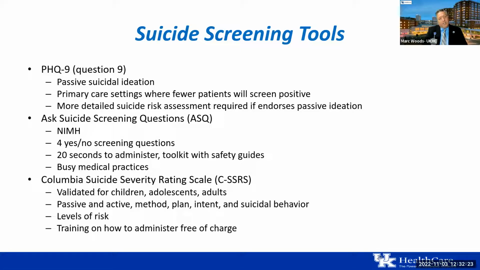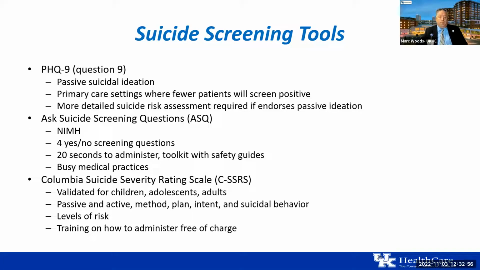The ASQ is something that is created by the NIMH. It's very short, takes about 20 seconds to administer, and it's 4 yes/no screening questions. Oftentimes you'll see this in outpatient clinics, or just private offices. And again, that's another option. But here at UK Healthcare, we use the Columbia Suicide Severity Rating Scale for our EDs and for our inpatient units.